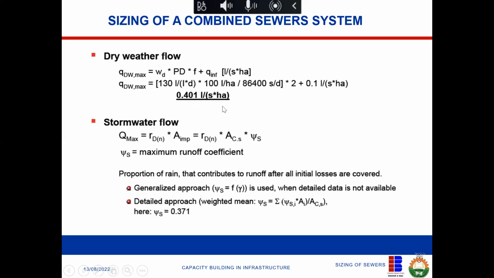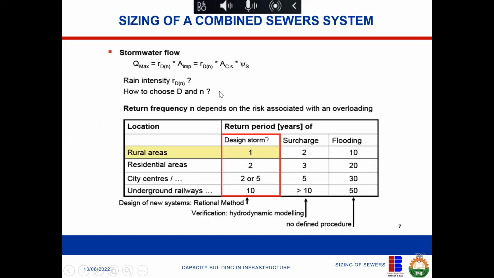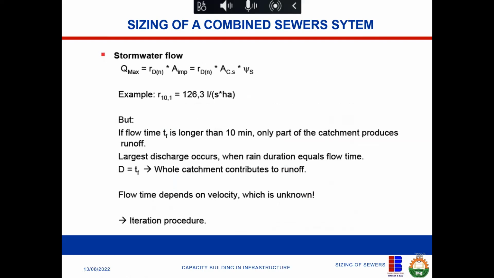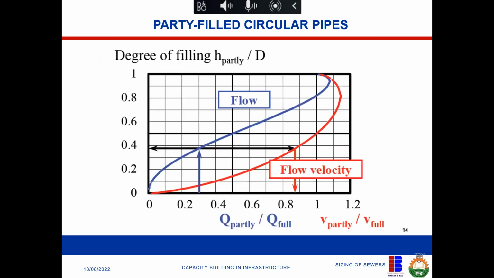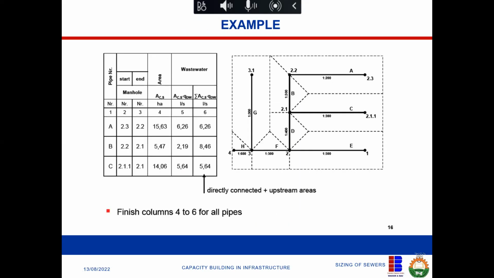So this is the amount of discharge coming out of 1 hectare. So when I now come to this hectare that is 15 point something, I'll simply multiply both. So here, I will multiply 0.401 by 15.63. Somebody will ask, how did we get this? Let me write it.